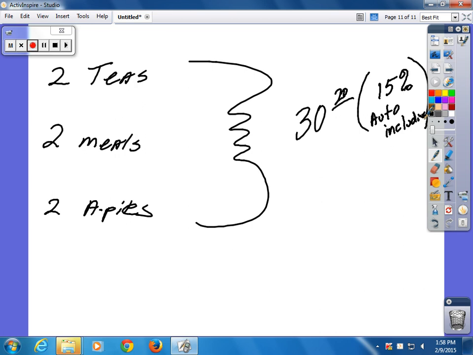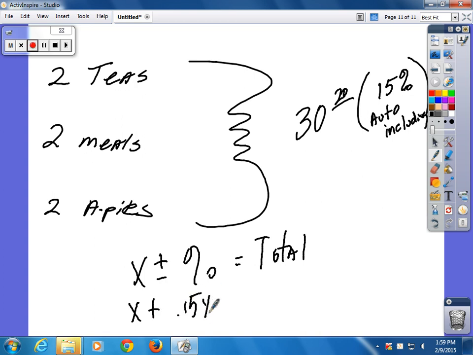She did this. And I want to know the price of the meal. Well, again, the only way you can do this without doing 2 or 3 steps is the percentage in Walmart place. X plus or minus percentage X is equal to total. Now, are you adding a tip or subtracting a tip? You're adding, so that's going to be X plus 0.15X is equal to what? 30.20?